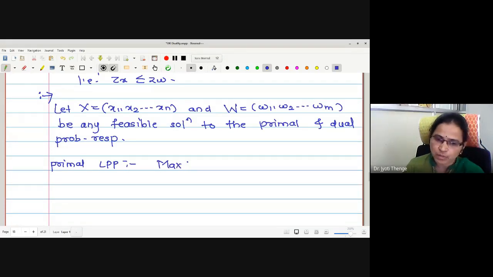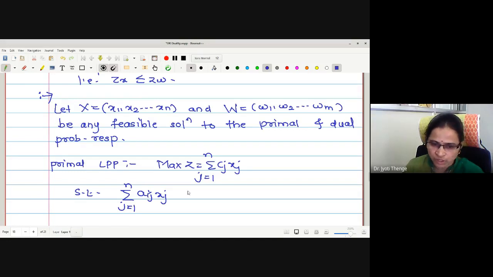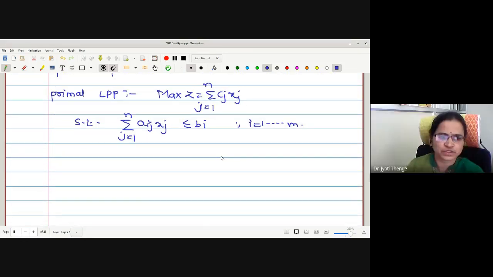Maximize Z equals summation Cj xj, j equal to 1 to n, subject to the constraint summation Aij xj, j running from 1 to n, less than or equal to bi, for i equals 1 to m. Yes, I'll put it in summation form. Now I will write its dual LPP.